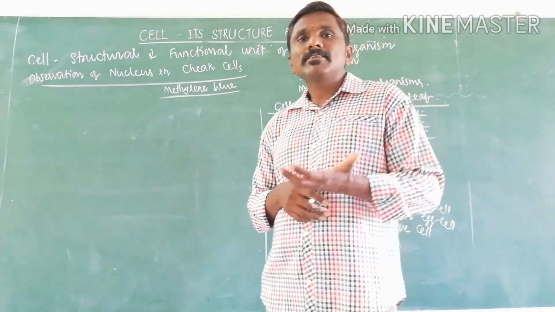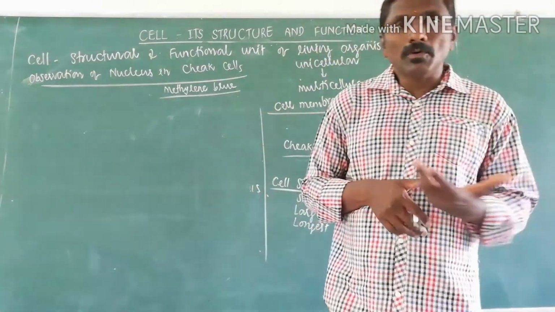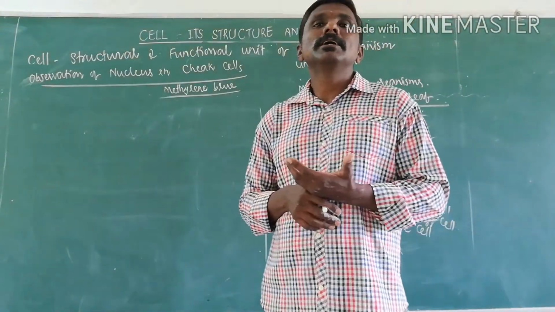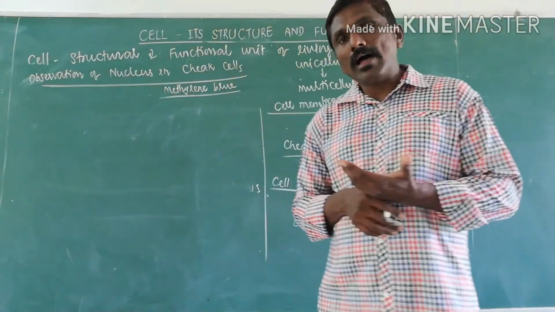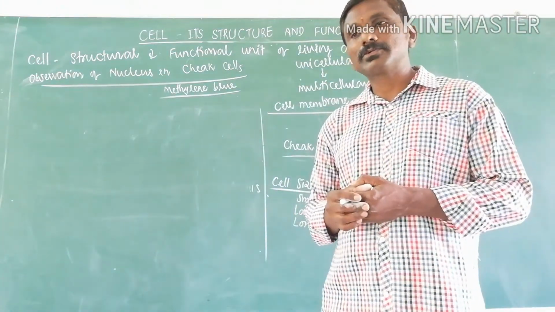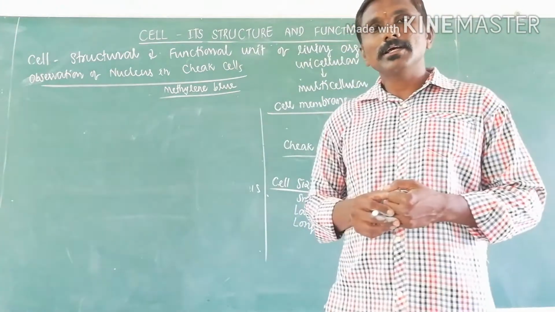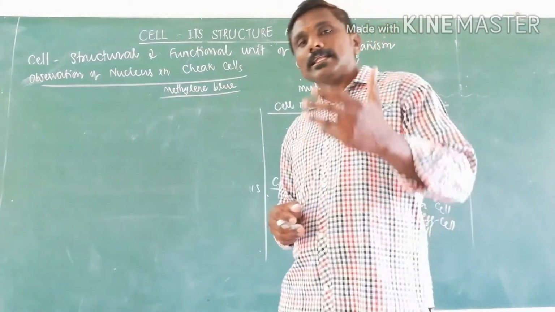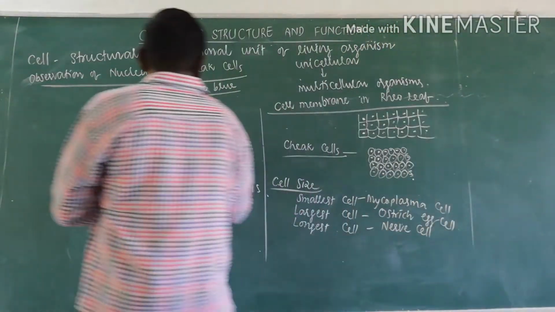Then the excess stain will be removed after keeping it for 4 to 5 minutes. Then put a cover slip and observe it under the microscope. When you observe it under the microscope, you will get an image like this.